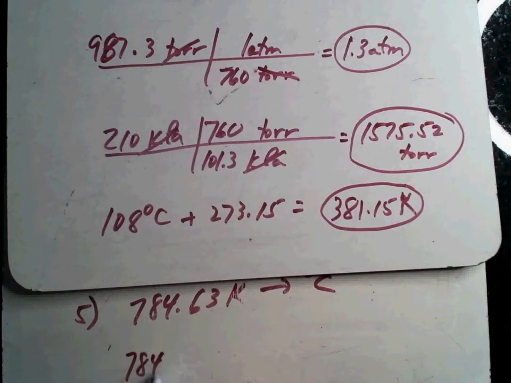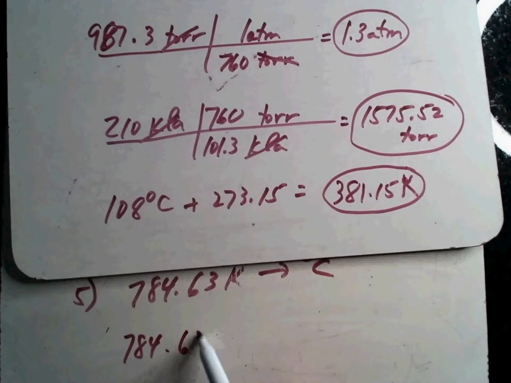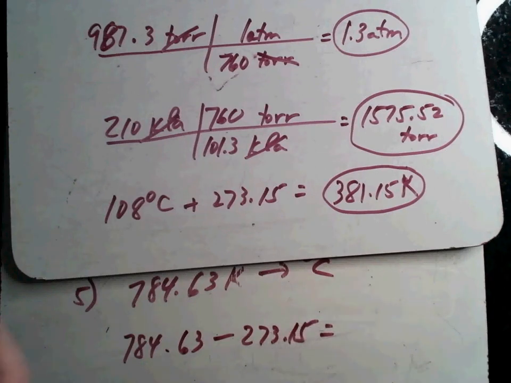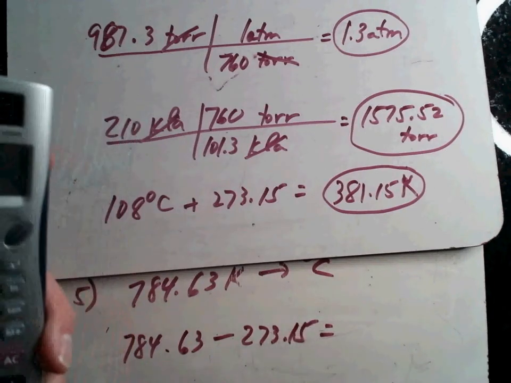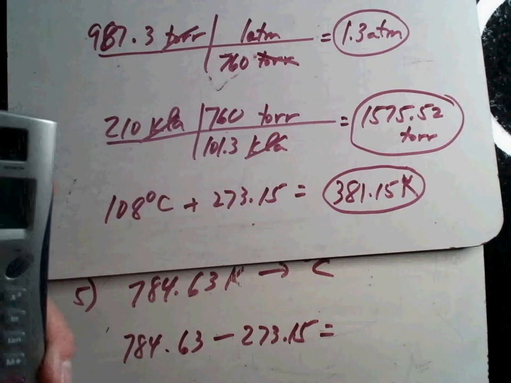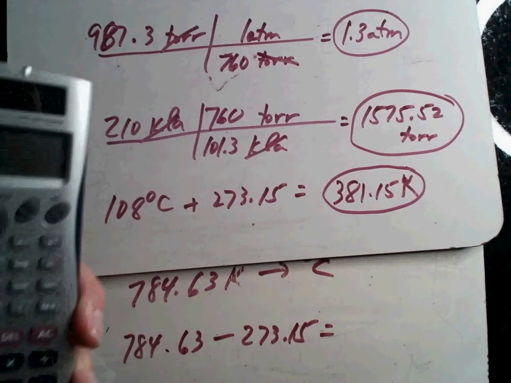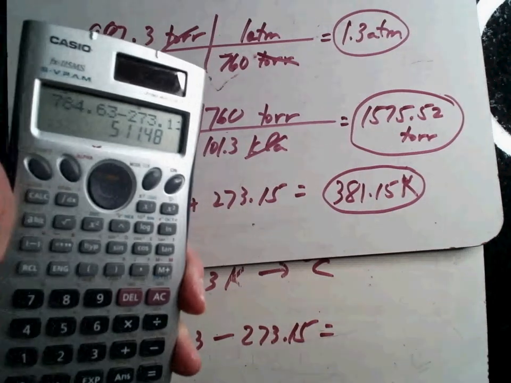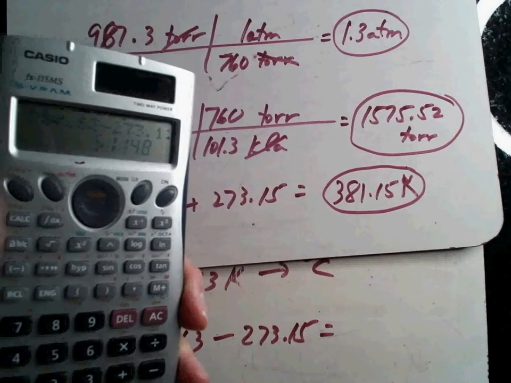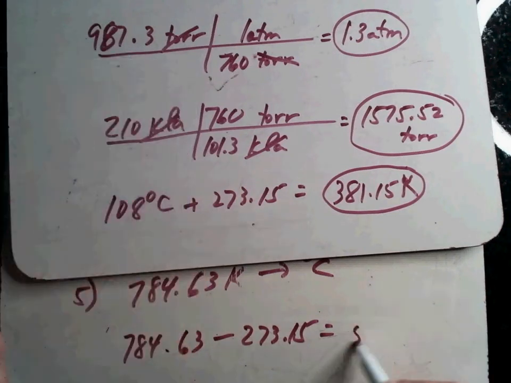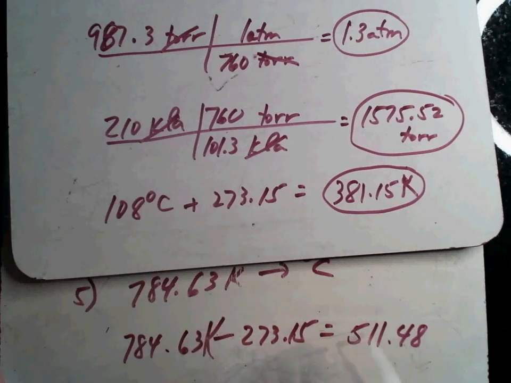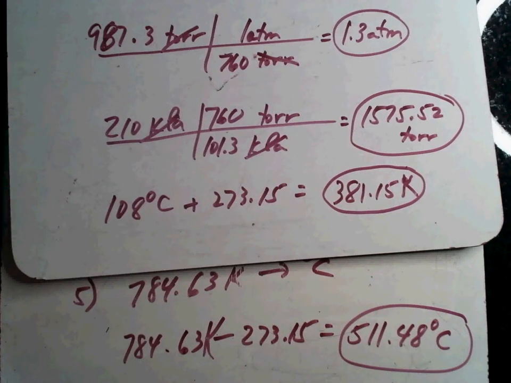And last but not least, 784.63 minus 273.15 equals 511.48. What units? Well, this was Kelvin minus, so this means degrees Celsius. So those are your answers.